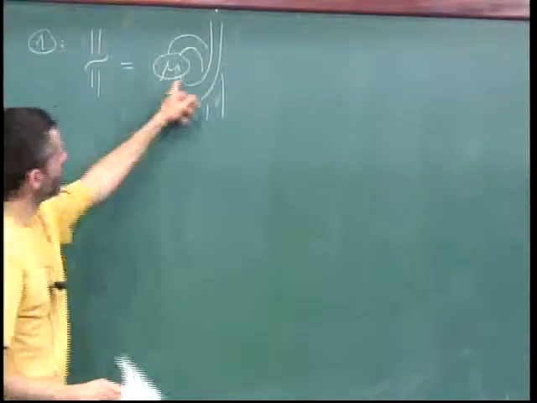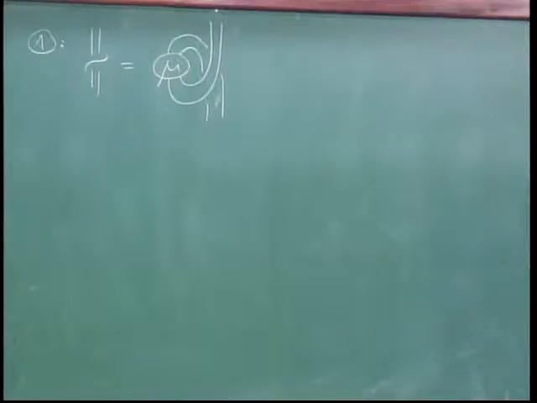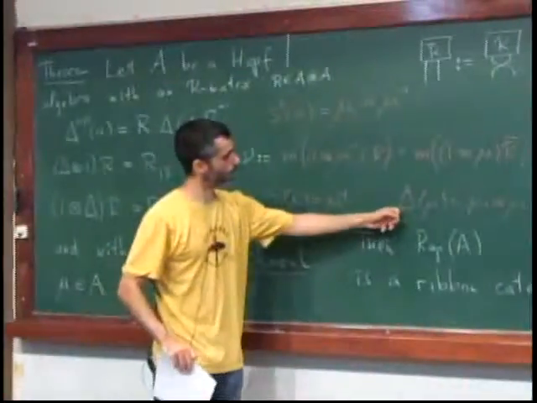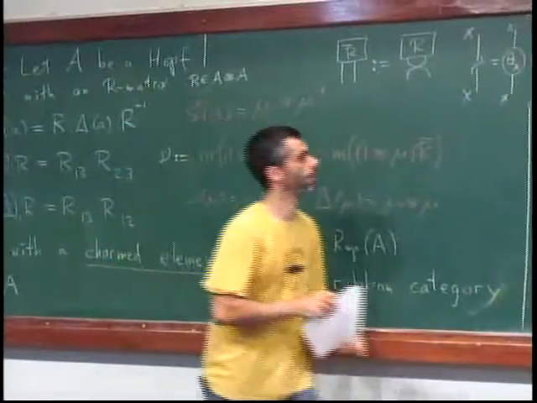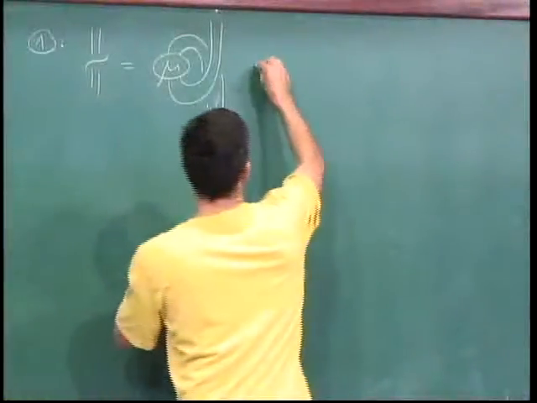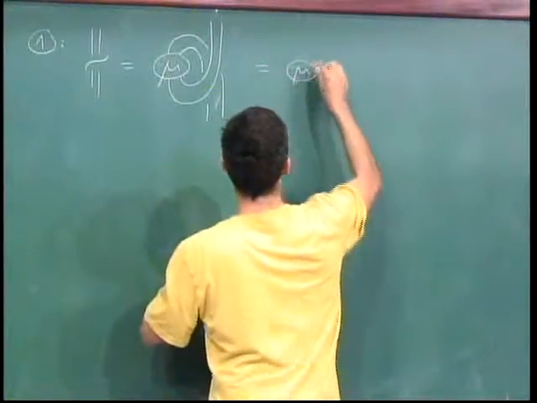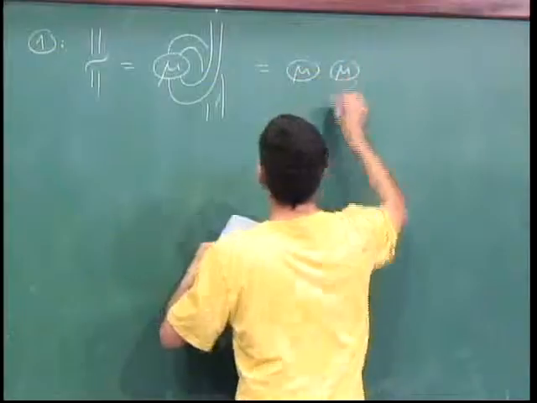Mu acting on a tensor product of two things uses the coproduct on mu, and the coproduct on mu is given as mu tensor mu. So that's the same as mu here and mu there.